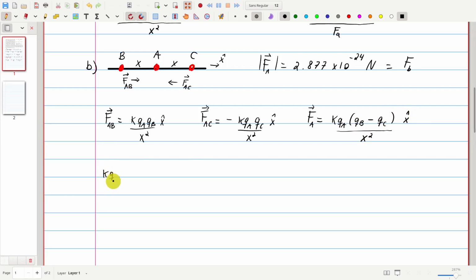We also write another equation with the component of the net force and its absolute value. Let's also factor out common terms.